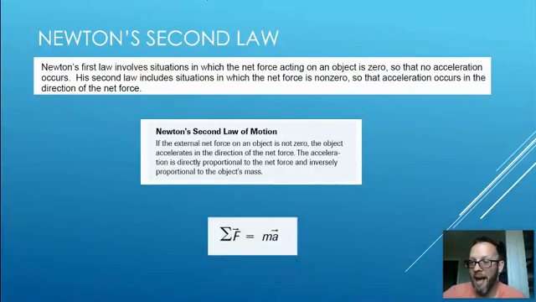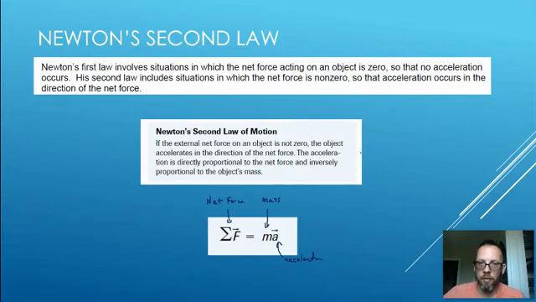Now that is a fancy way of saying what you're probably more familiar with as Newton's second law, which is basically F equals ma. The sum of forces, i.e. the net force, equals mass times acceleration. This is net force, so again, it is a sum of multiple forces. It's equal to mass, a scalar, times the acceleration, a vector.